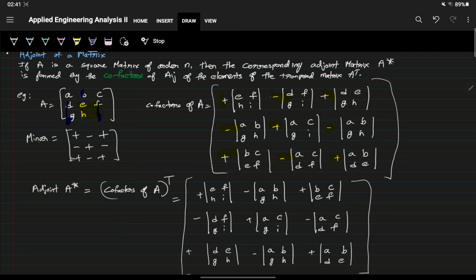If we are considering A, the entire first row and first column are ignored, and the remaining elements in the matrix are considered for the cofactors.